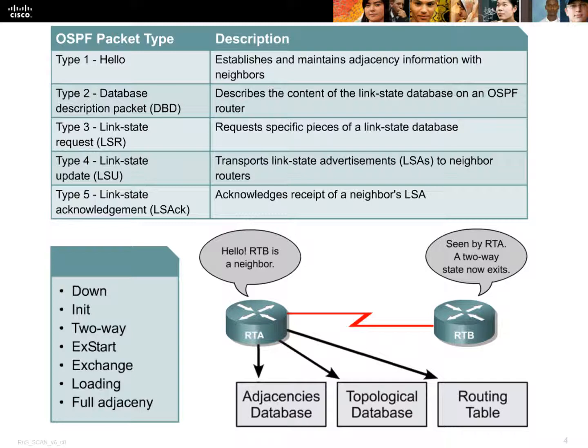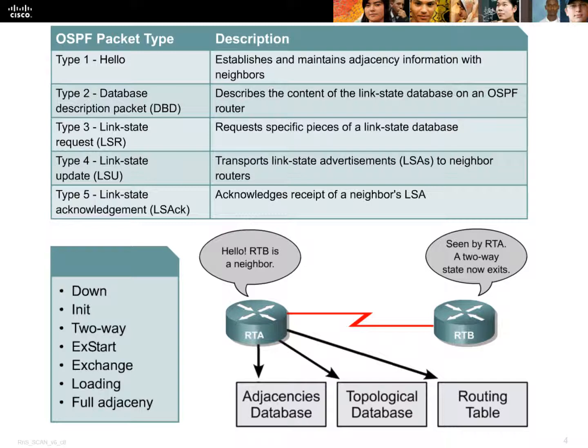The neighbors maintain their adjacency with each other with a series of hellos. And the best thing about the hellos is every single hello has the list of neighbors in that hello. So router A says, hello everybody, I'm router A. And then router B says, hello everybody, I'm router B, and I have one neighbor, and that neighbor is router A. So then router A knows that router B knows about it.